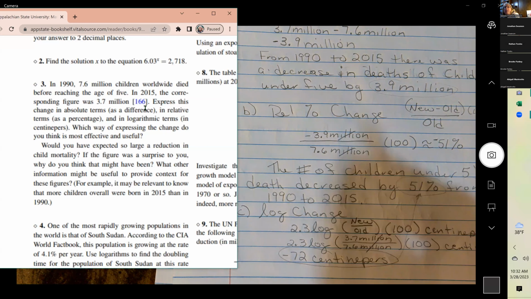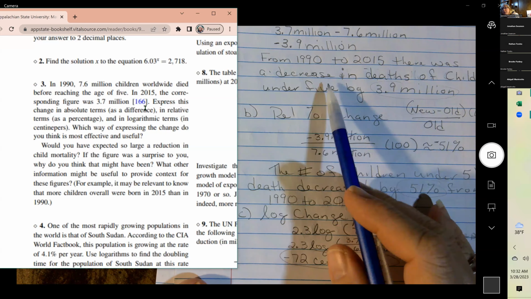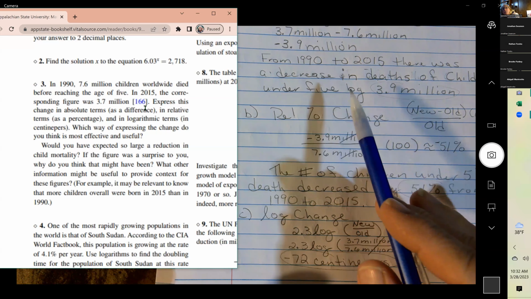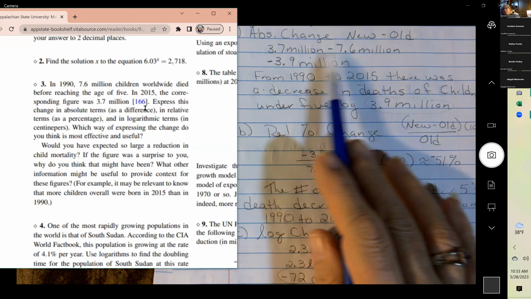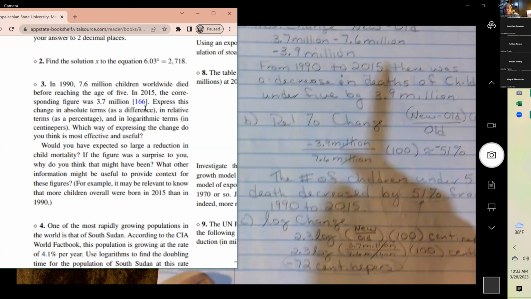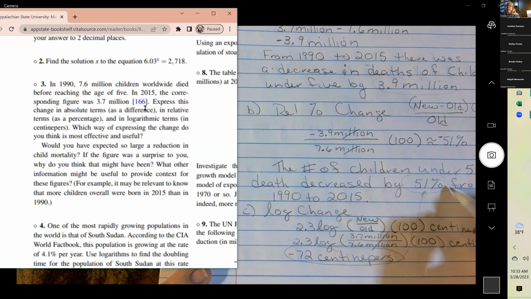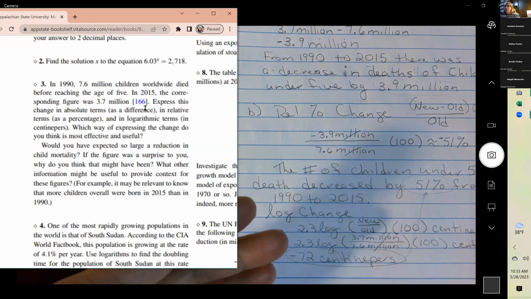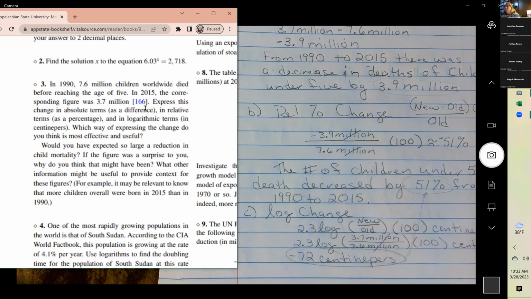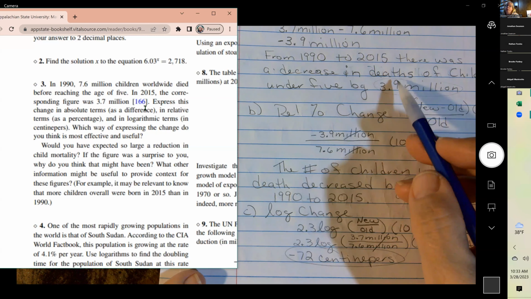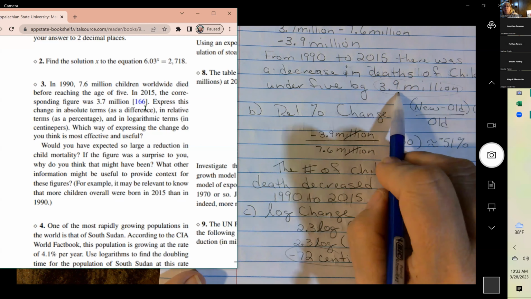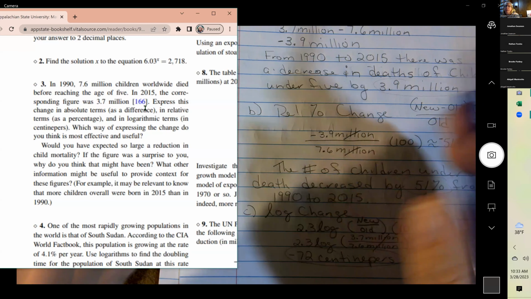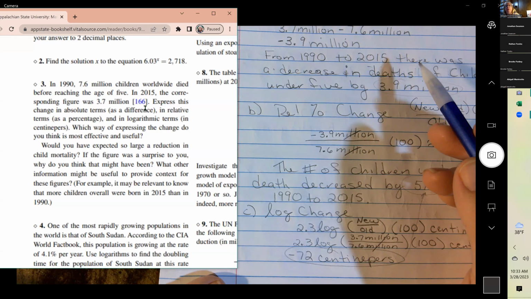And that all depends, because is it more significant to say how many less children are dying? If they don't know how many 5-year-olds were passing away, then saying it went down by 51% sounds like a big drop, but was it very large to begin with? Here, saying it dropped by 3.9 million children tells you there was a lot of children under the age of 5 that were dying. So it kind of depends on what your article's about.